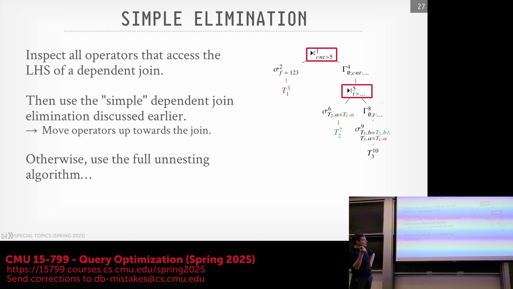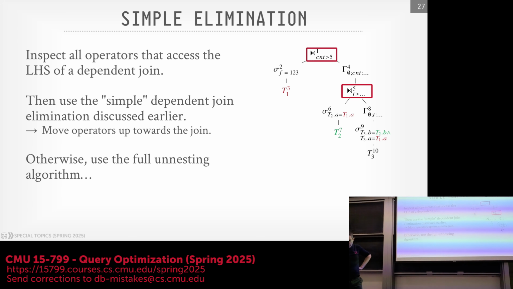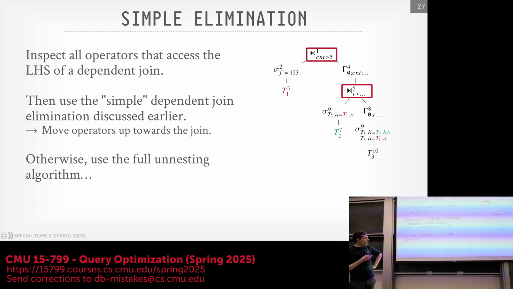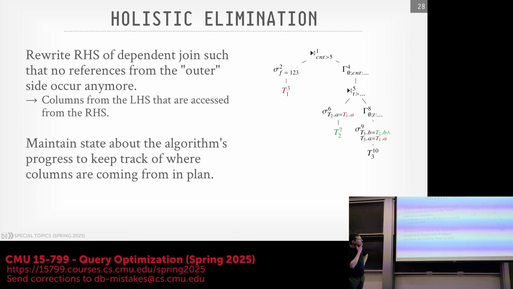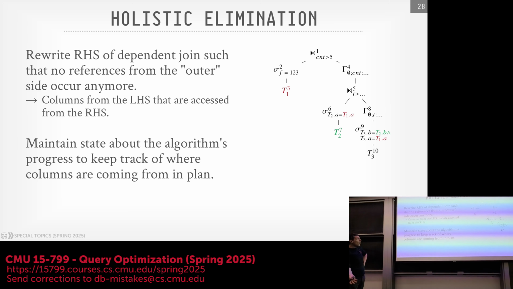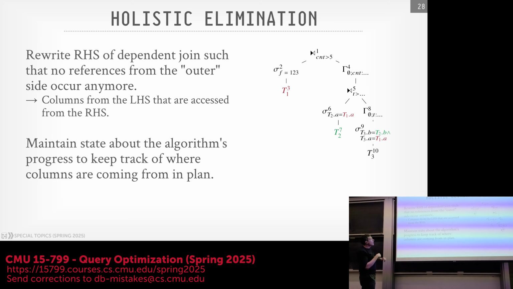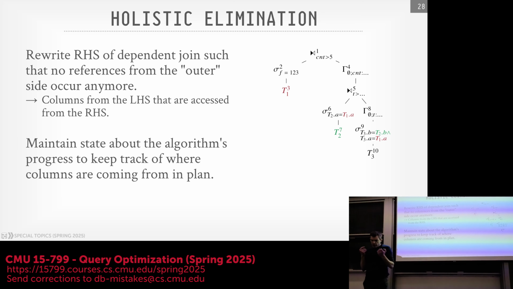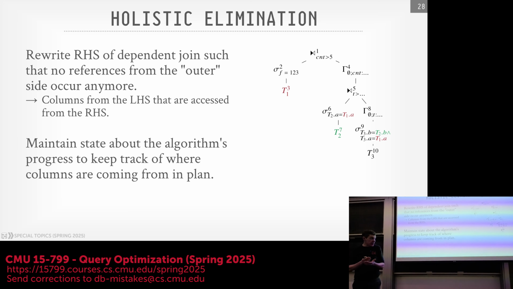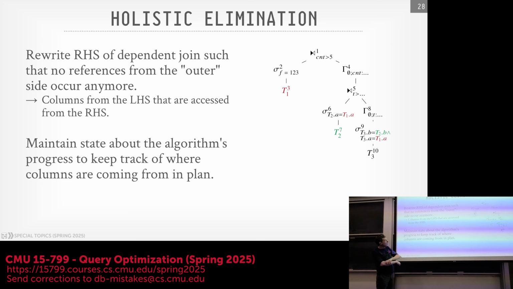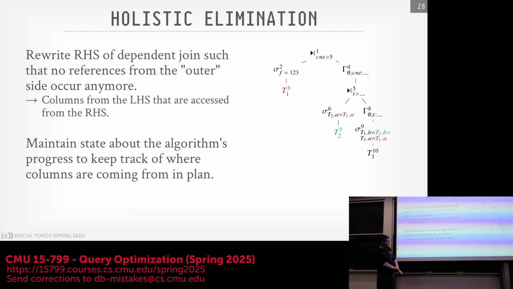All right, so again, we have to deal with these two dependent joins, and because we're going to be going from the top to the bottom, we're going to first start with the one at the top, right? So the full holistic plan, the idea is that we're going to try to rewrite on the right-hand side all dependent joins, so that there are no references to what we call the outer side of the operator. The outer side is just going to be the things that are referenced on the left-hand side, right?